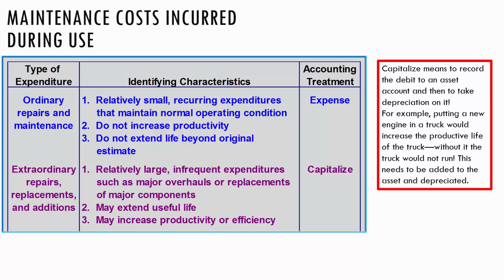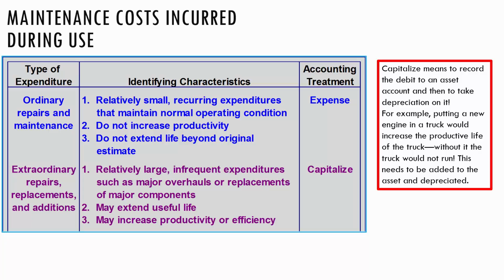Now, ordinary repairs and maintenance, you just take those to expense. So, let's say you have the oil changed on the truck. That doesn't really extend the useful life. It's something that you would typically do with an automobile. We all should be getting our oil changed.